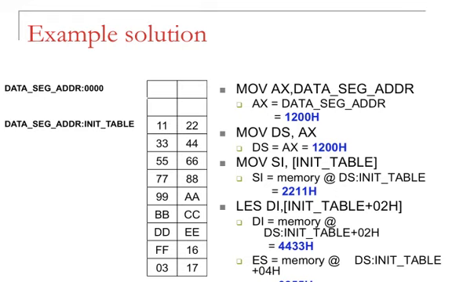Where do we get this 04? 04 is because we start from 02. We took 2 bytes for DI. So let's say we took these 2 bytes. And for ES, we need to start from this address, which is init_table plus 4. We actually move 2 because we started at 2.